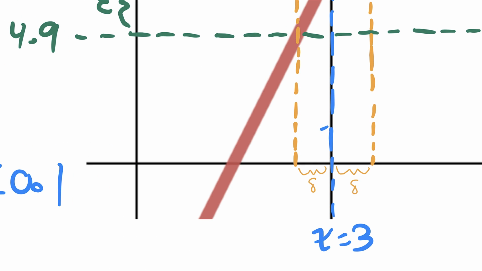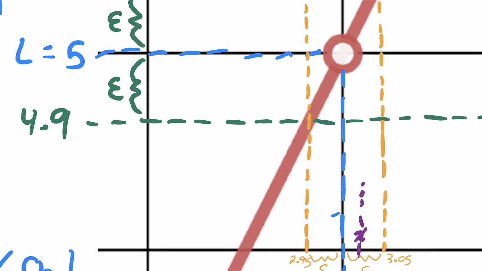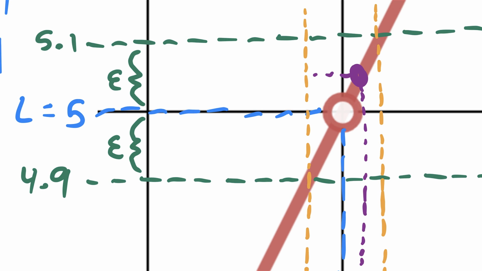We just figured out that the delta value is 0.05, which makes these points 3.05 and 2.95. So as long as I pick an x value between 2.95 and 3.05, I can pick an x value right here, the value of the function at that x value is going to be within epsilon of 5.